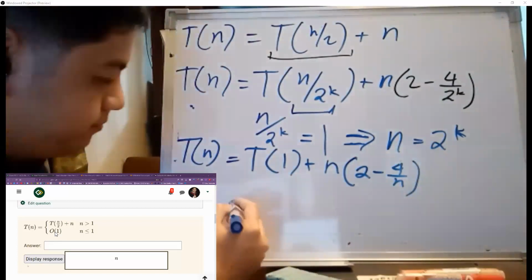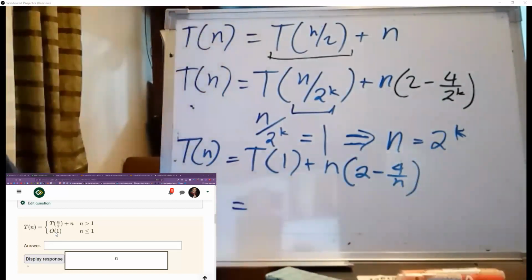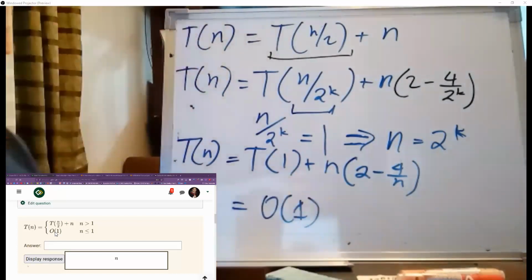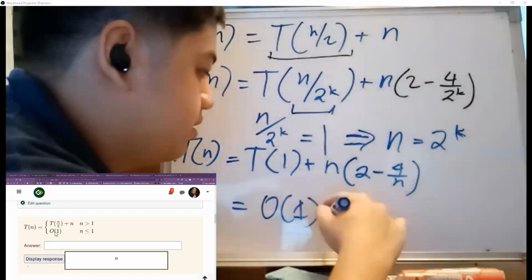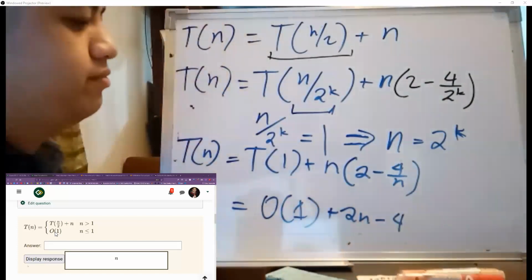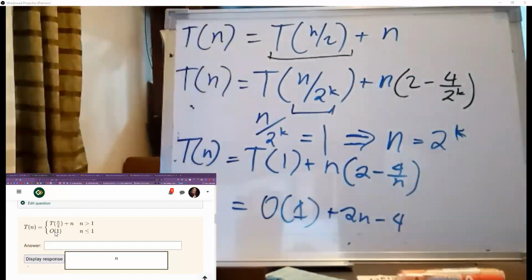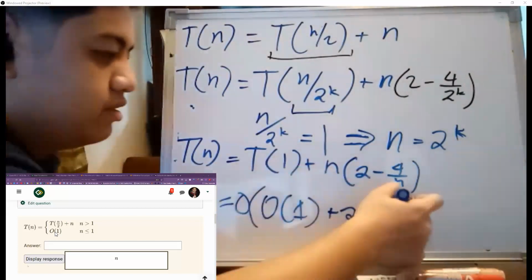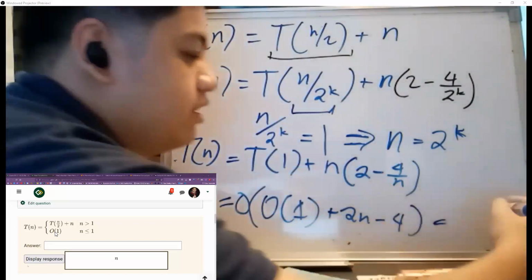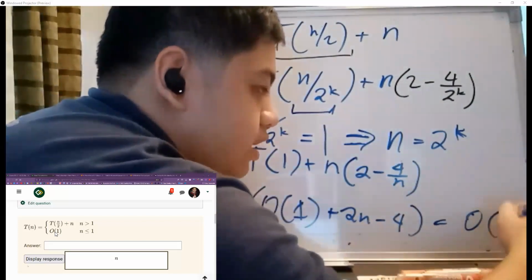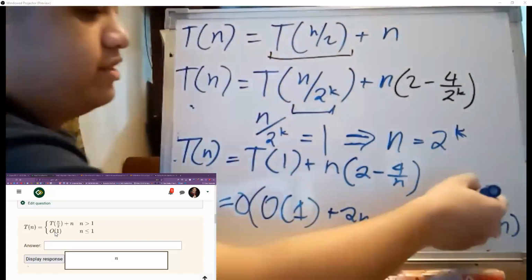And si T of 1 ay basically O of 1, sabi ni given, and then this other term is 2n minus 4. So, pag kinuha natin yung big O, itong buong expression, we get O of n.